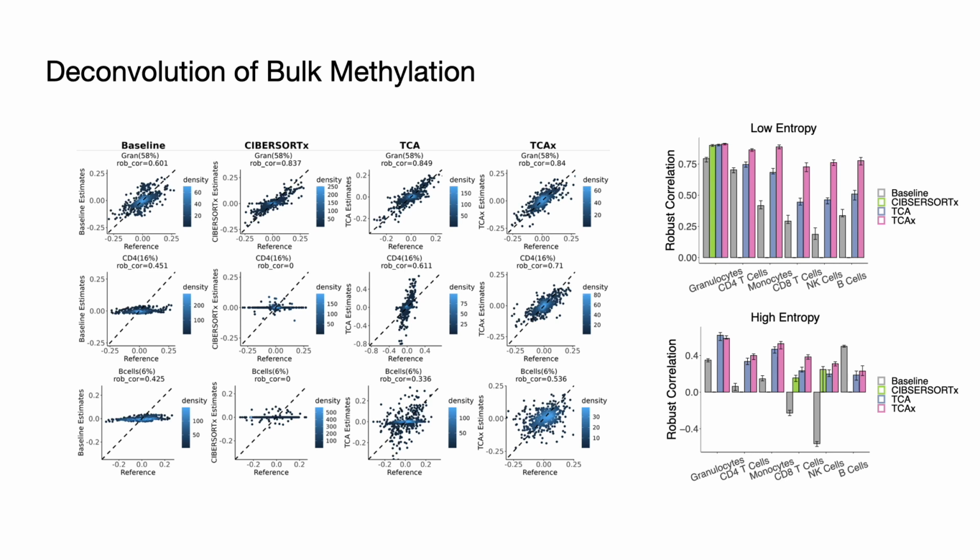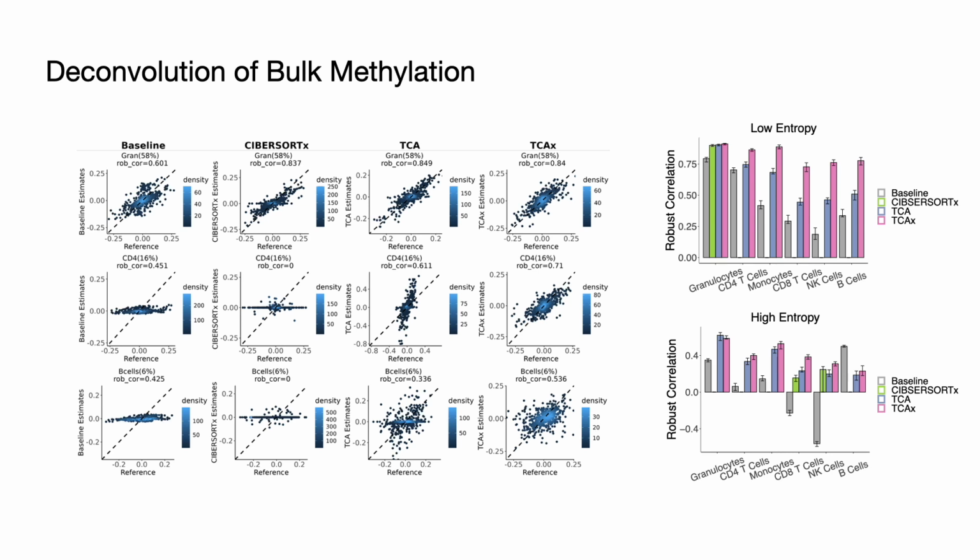The y-axis represents the estimated tensor after adjusting the mean. Each dot is a CPG site. The expected behavior is that the closer you are along the diagonal line, the better or the more concordant you are with the ground truth. And you can already see that TCAX shows a much stronger improvement over previous methods, especially in the less abundant cell types.